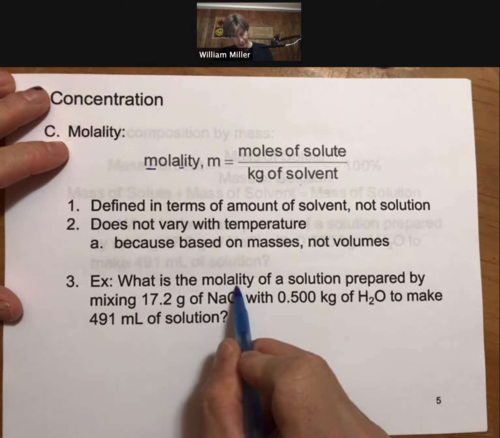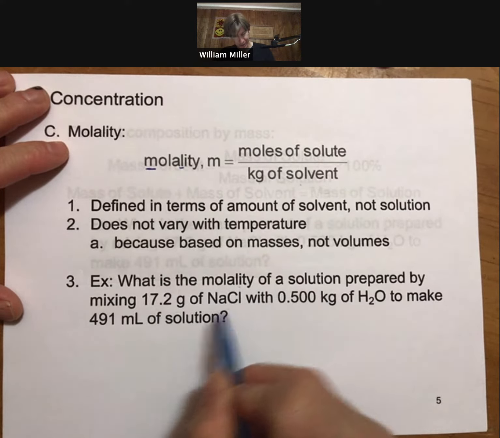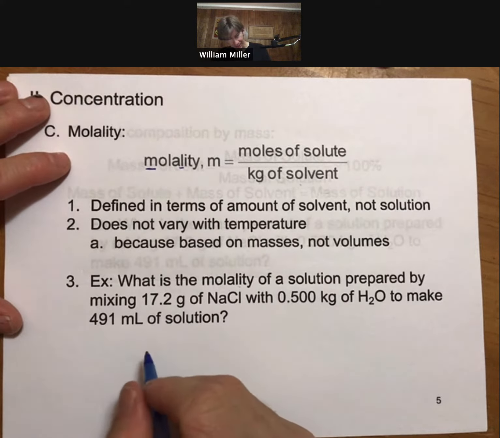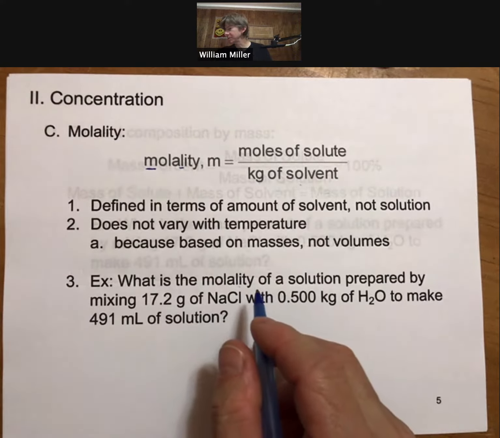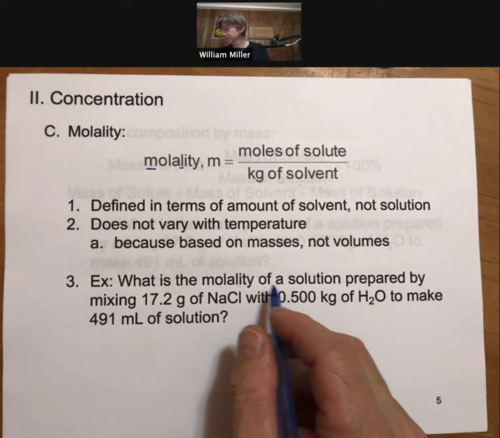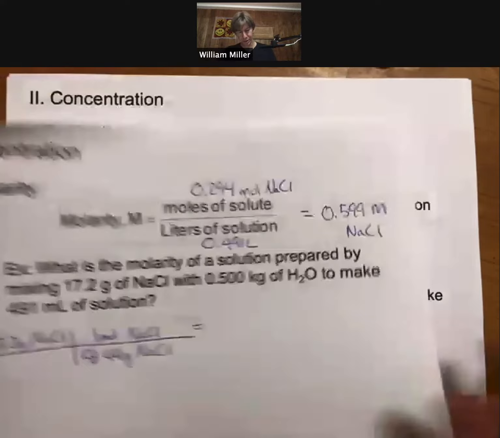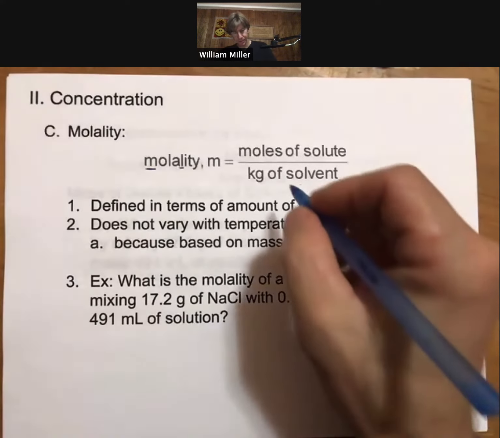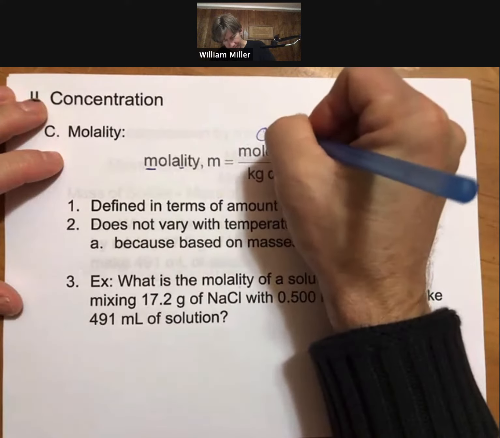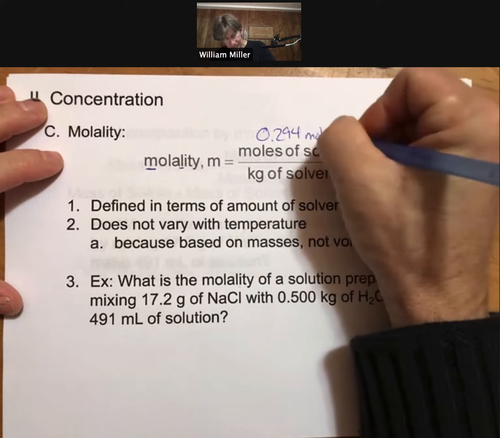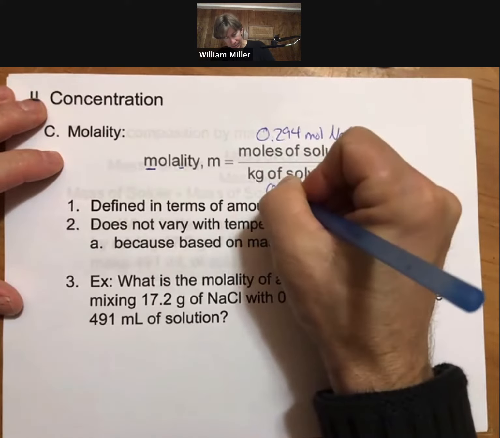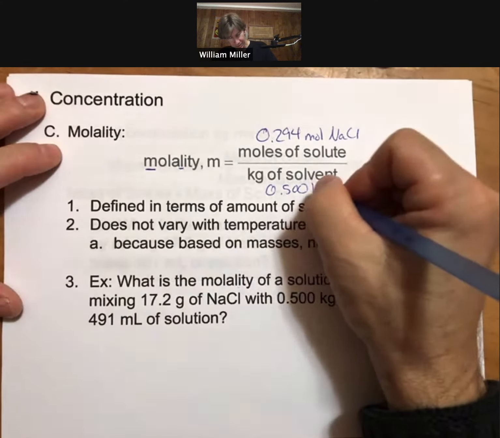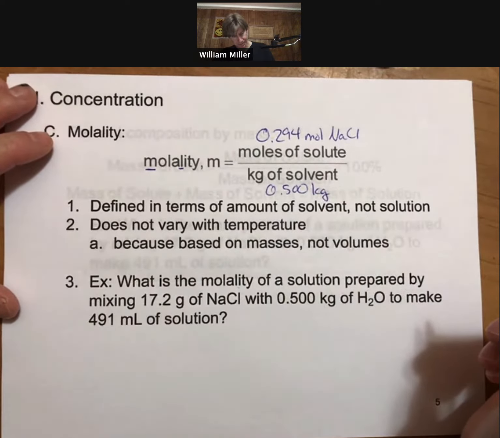So now we're going to calculate the molality of the same solution we talked about on the last page. It's going to be the same number of moles, so we're still going to use our 0.294, but we're going to put it over 0.500 kilograms of solvent.